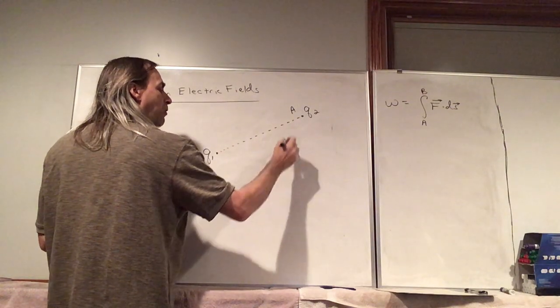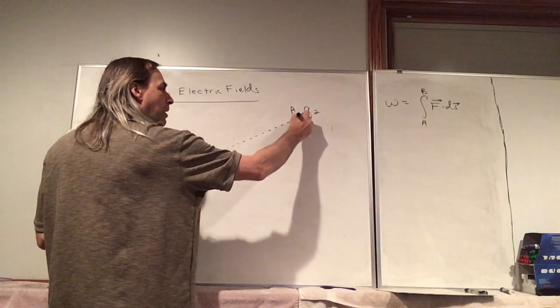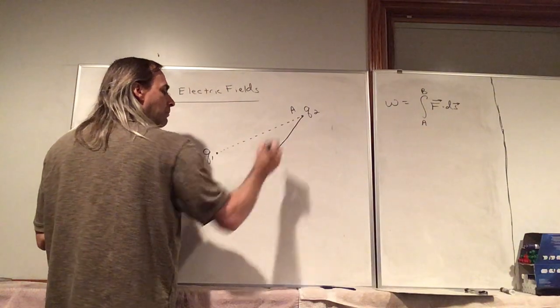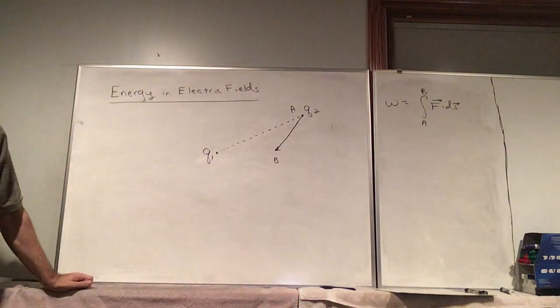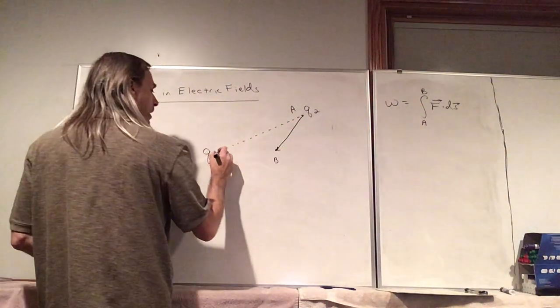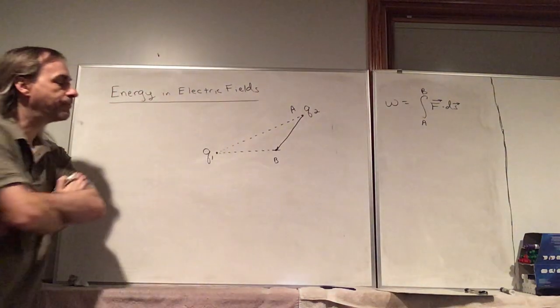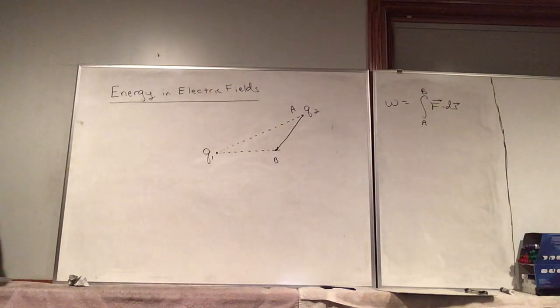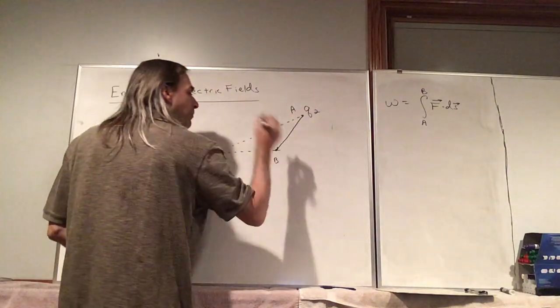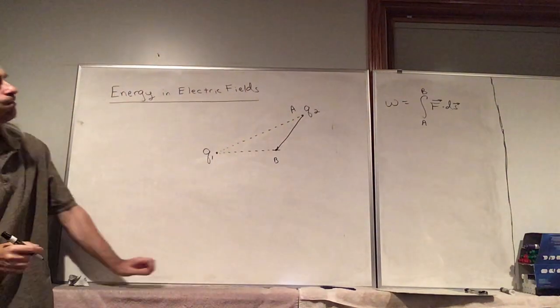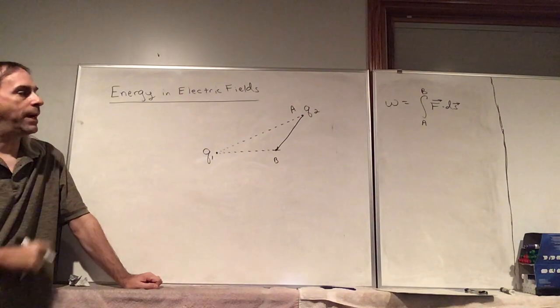Let's just say over here, I'm going to draw a nice straight displacement from A to B. And I'll draw a radial line here as well. And so we want to calculate the work done from A to B along this line segment. And we're going to do this in a particular way.